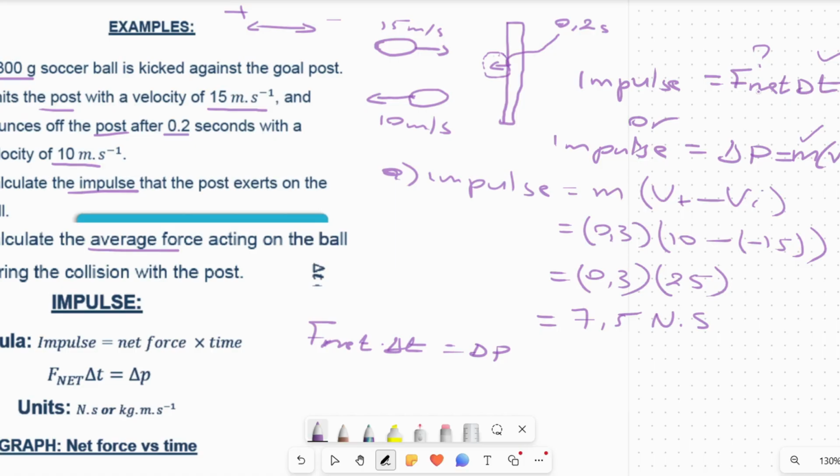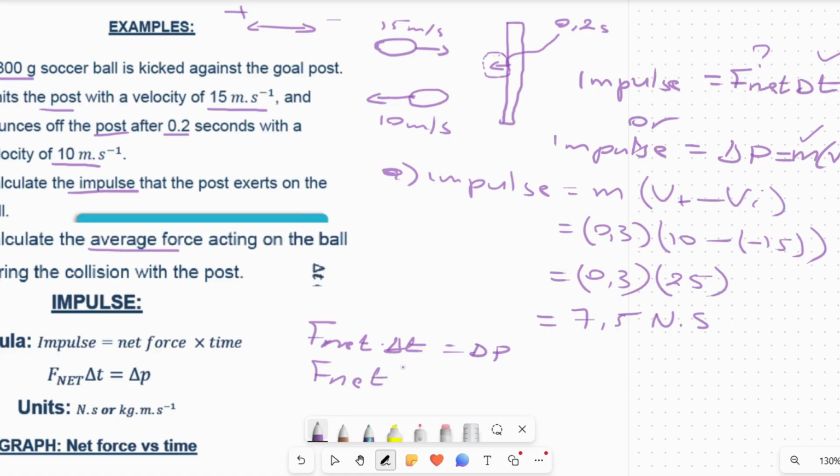Remember, these are the same thing, so it depends on which one you figure out first. Whichever way you find easy is fine. So now, what is the net force? We don't know the net force here.